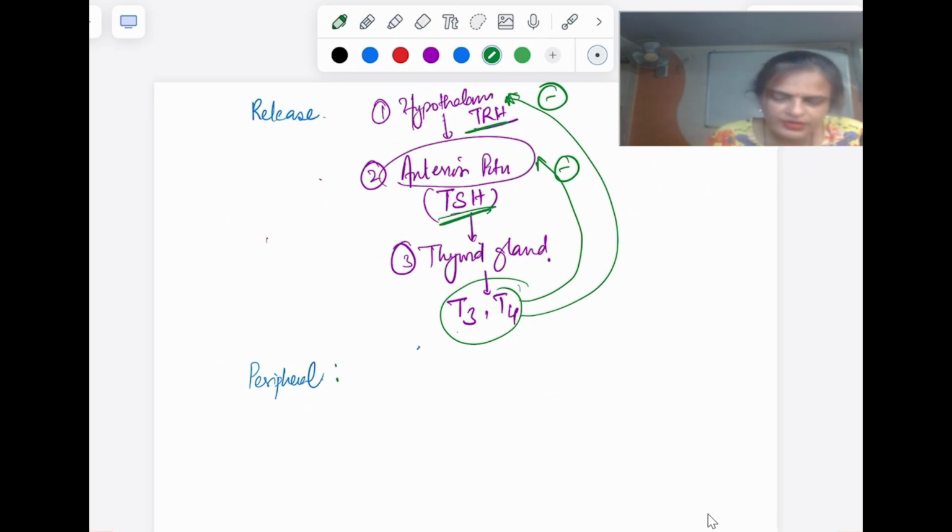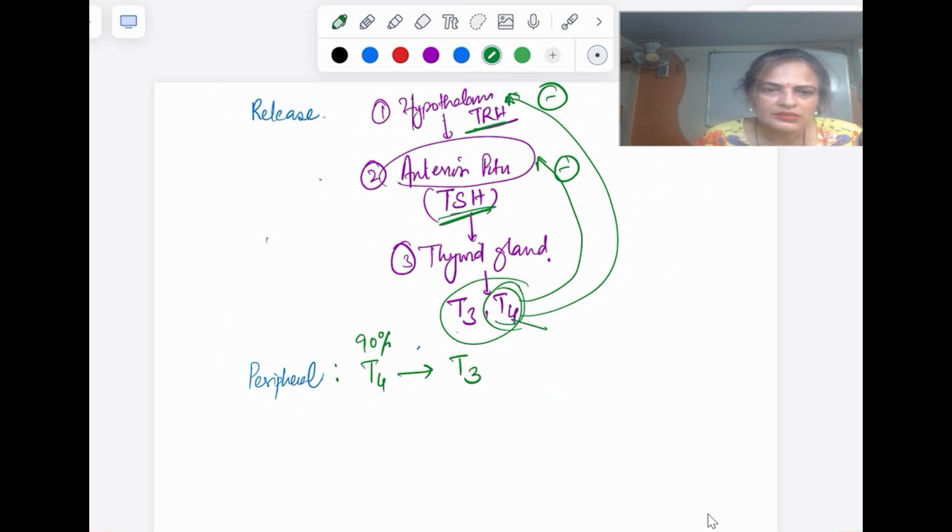And in the periphery, already I have told, this T4 gets converted into T3, because 90% that is released is T4, and it is only 10 to 20% that is T3. T3 is the active form of the hormone, and this happens with the help of the enzyme deiodinase.